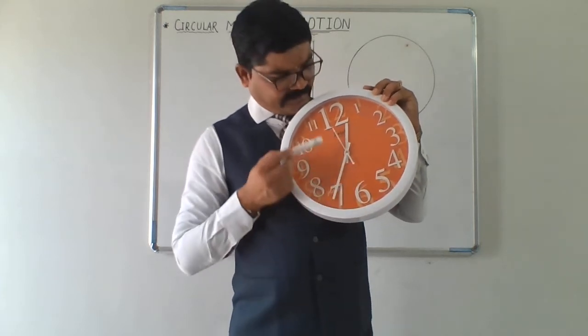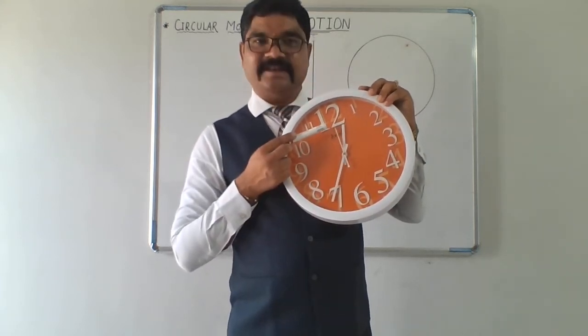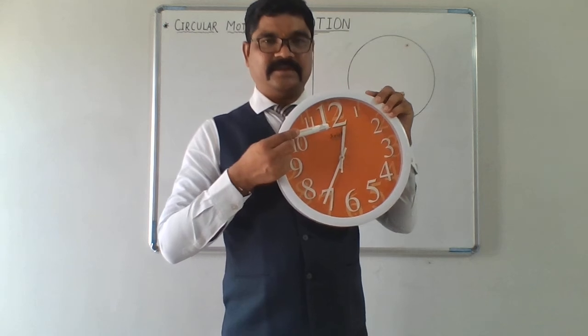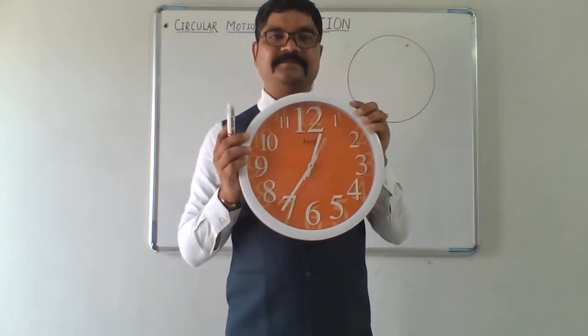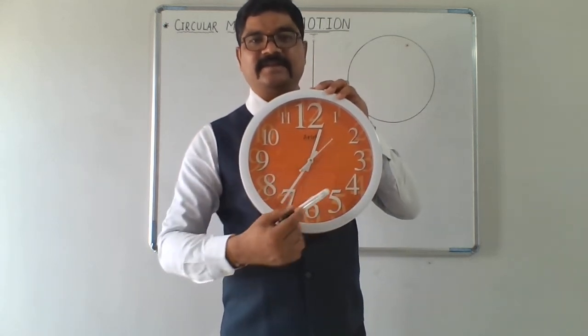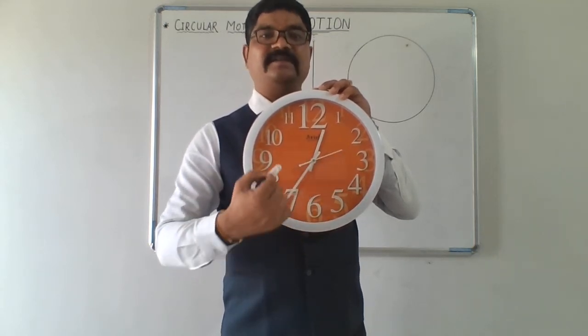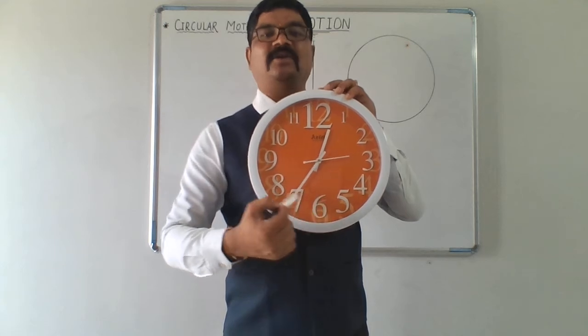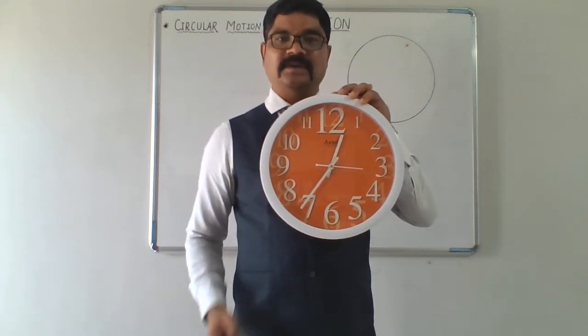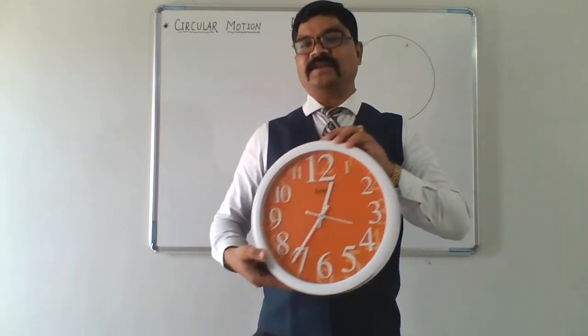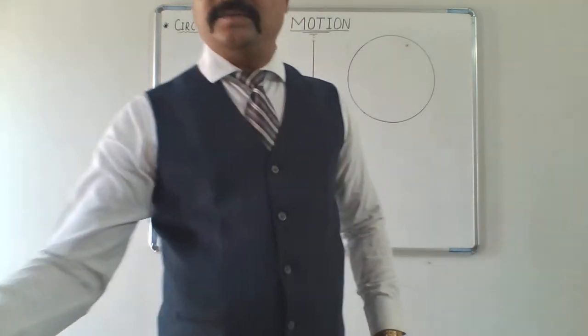So if the tip of this second hand is taken into consideration, it will cover equal distances in equal intervals of time along the circular path. Such type of motion is called circular motion.